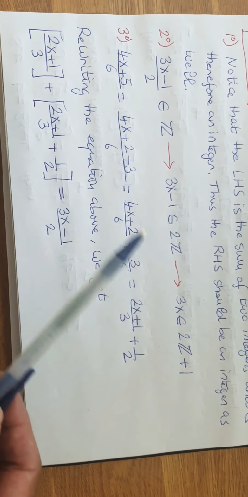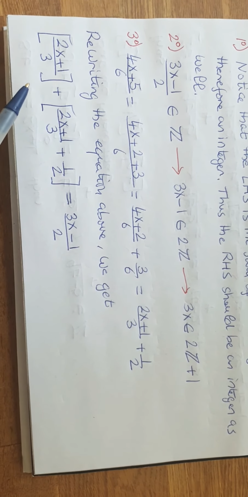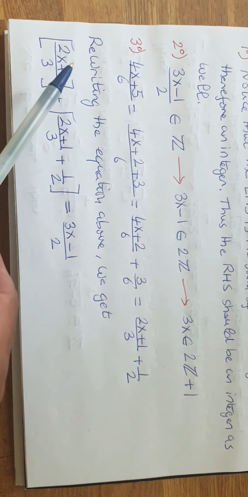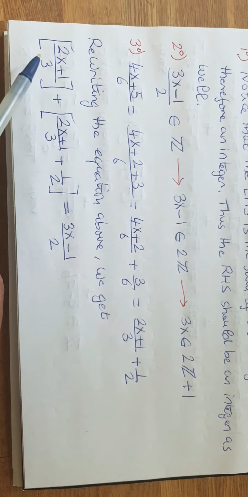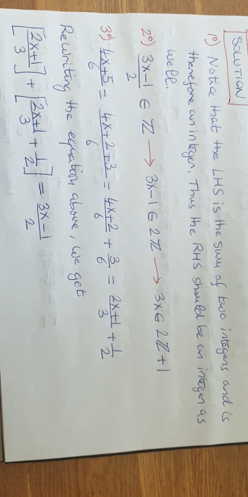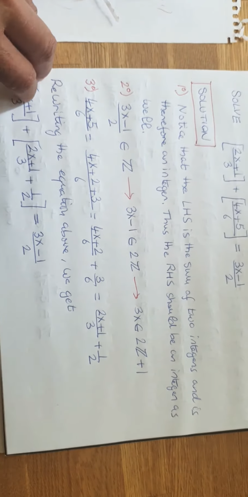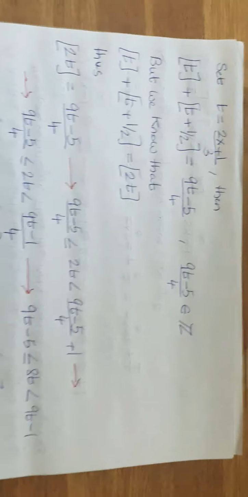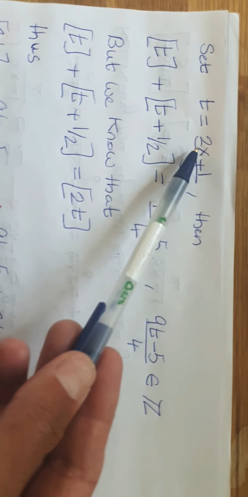To make this easier, I want to make a change of variable here, and I want to set t equal to (2x plus 1) divided by 3.